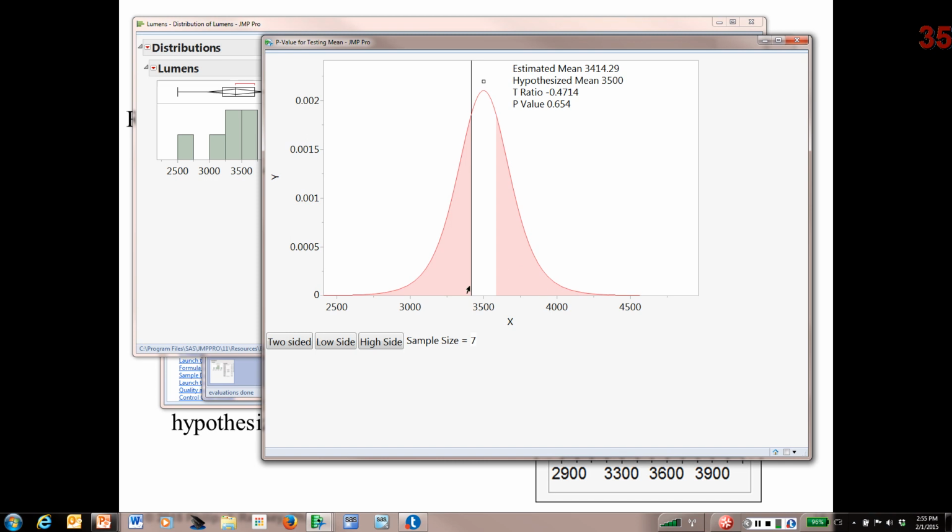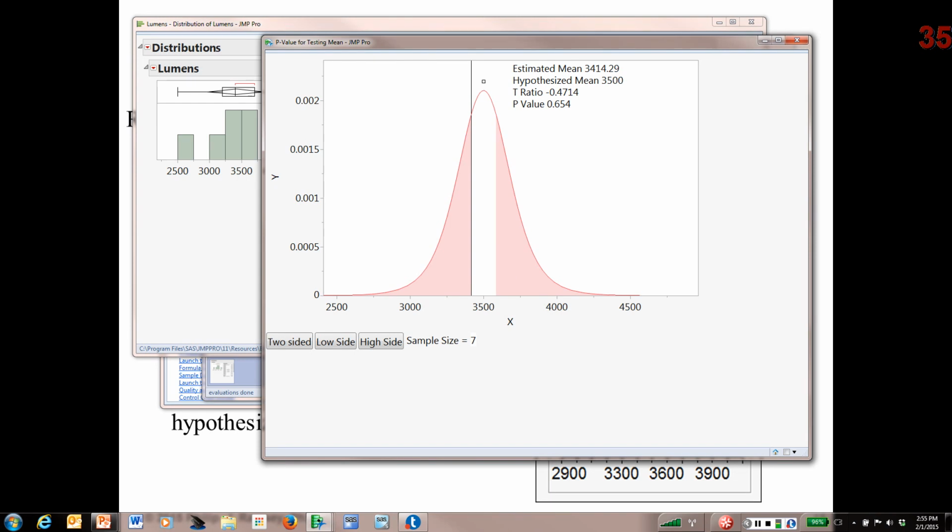So even though our original line is at 3,414, the observed sample average, equivalently we go the same distance to the other side of 3,500 and draw in a line, and that gives us two areas under the tails of this distribution.